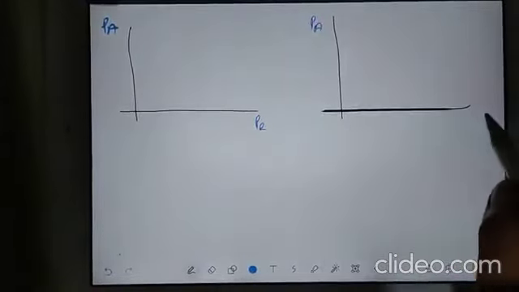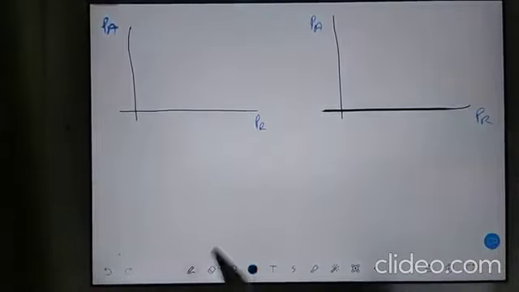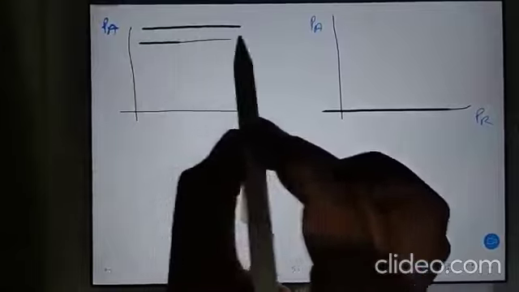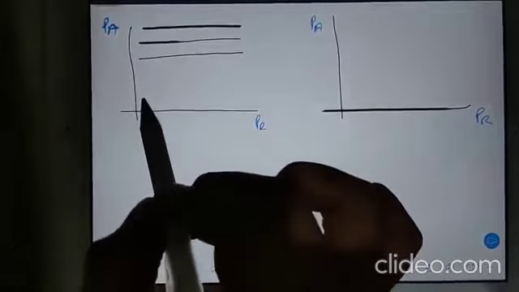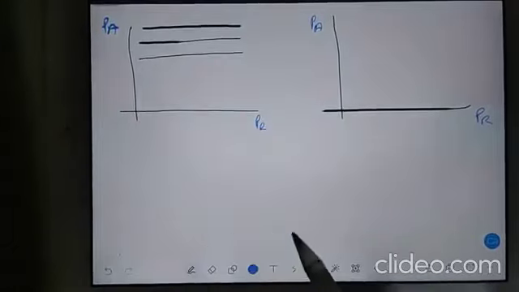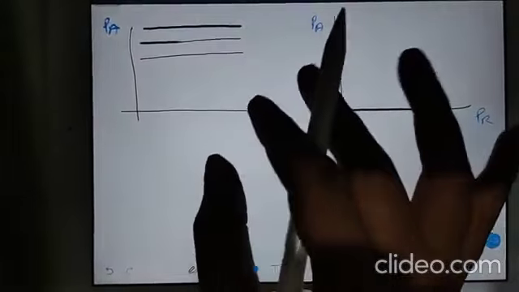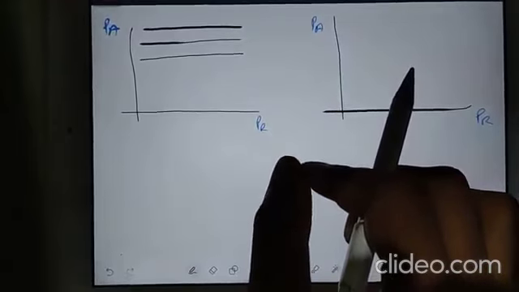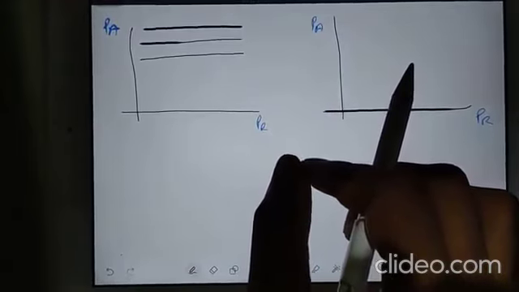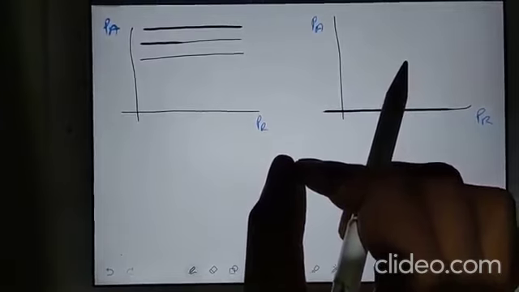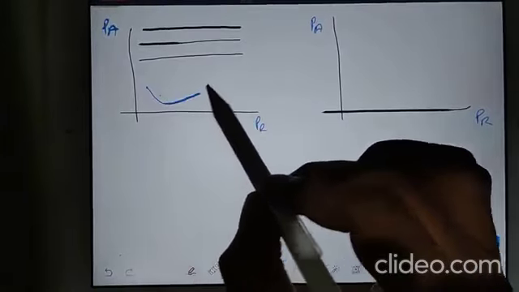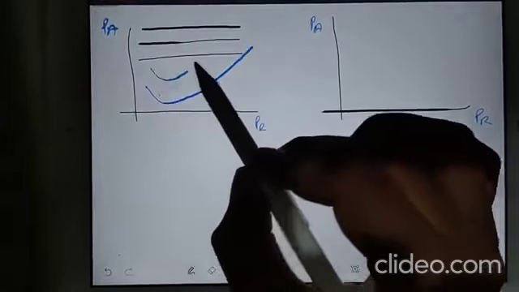Now see, this is your power available, decreasing with altitude. And of course, when you go to altitude, density will be less, right? You need more power to go forward. So it means the requirement is increasing. So your power requirement will increase like this.